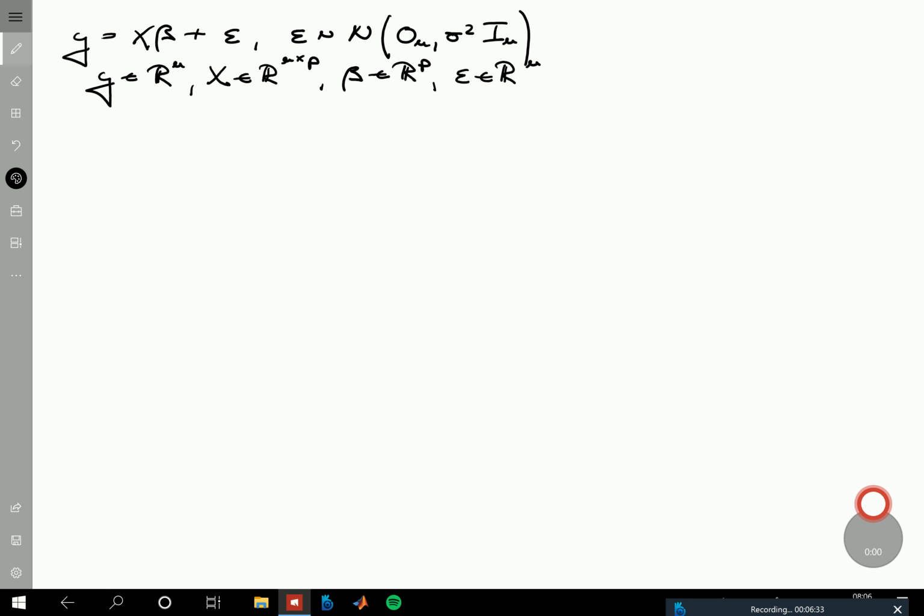This thing is equivalent to saying that the data have a probability density that corresponds to a multivariate Gaussian with expectation parameter x beta and spherical covariance matrix.